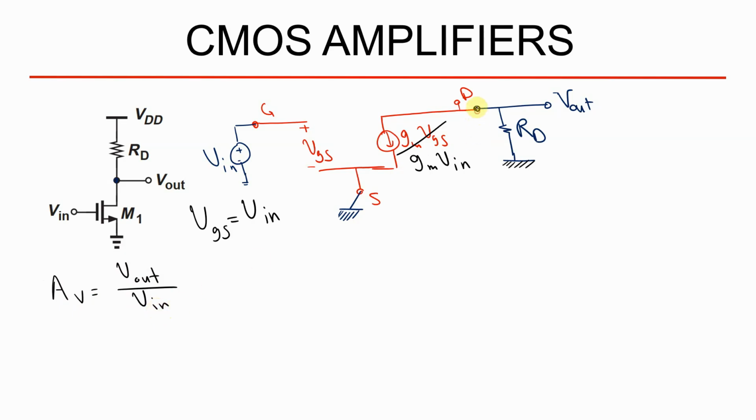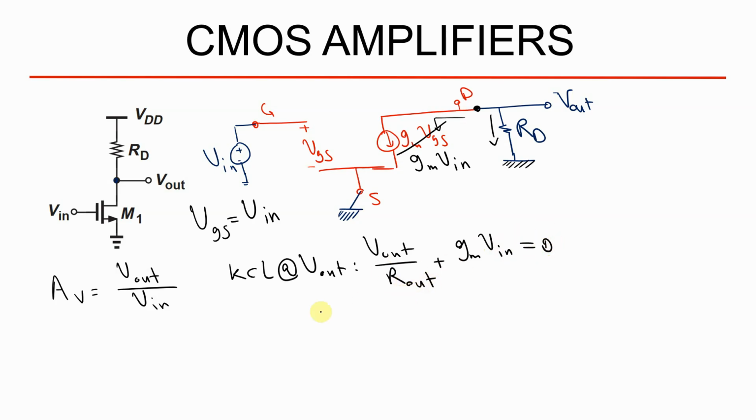I'm going to use KCL at the output node. KCL at Vout. So this is the current through RD, Vout divided by RD, plus this is another current which is equal to gm times Vin, equals 0.